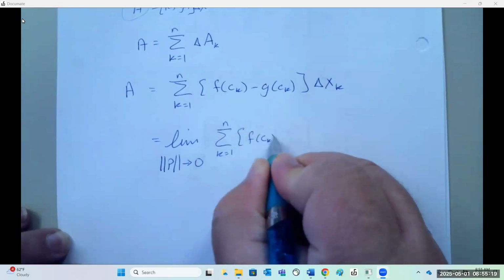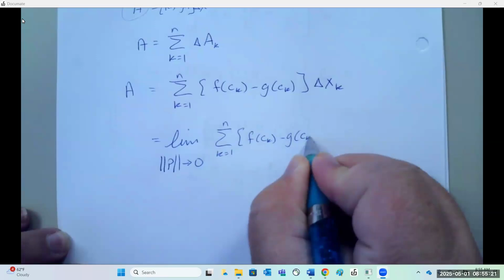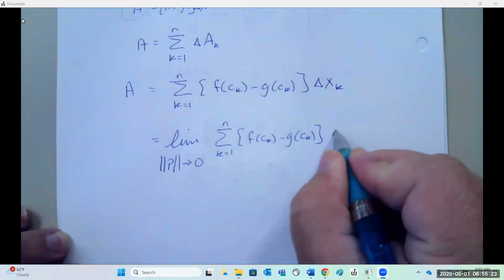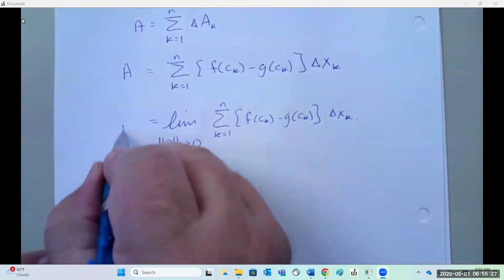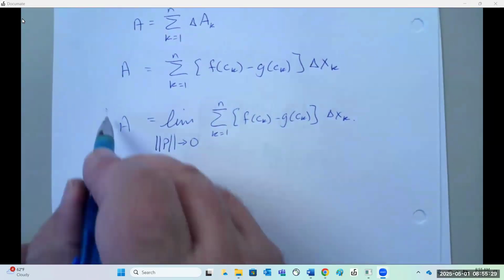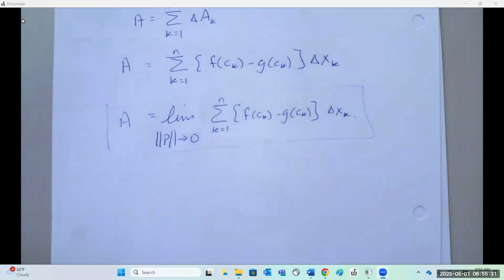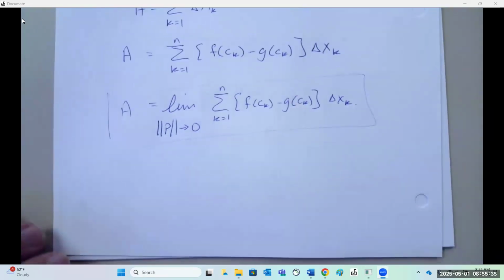f of ck minus g of ck delta xk. Remember what this was called? The Riemann sum. We use that to find the integral.